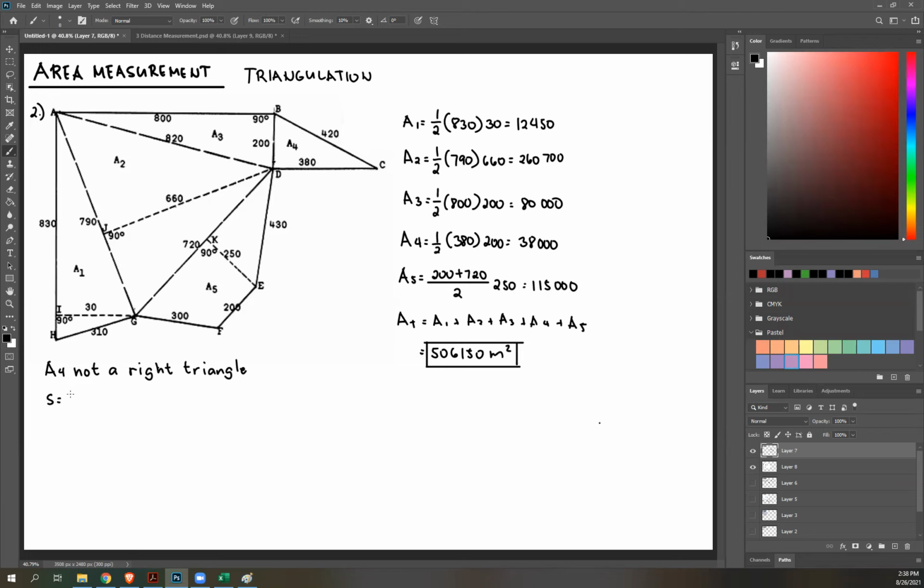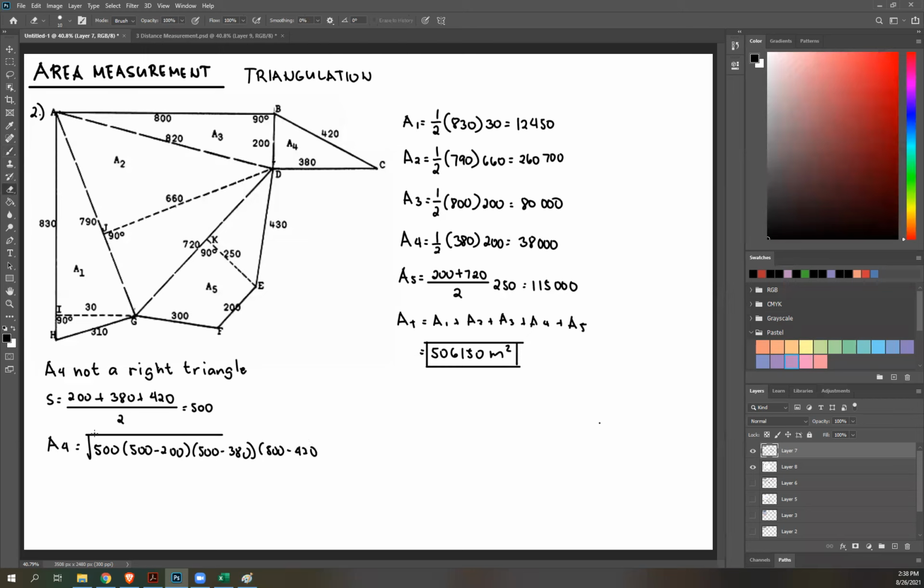And semi-perimeter is just all the sides, A plus B plus C, over 2. And I believe that's 500. Yeah, and then to get A4, that's the square root of S, which is 500, times S minus A, so 500 minus 200, times 500 minus 380, times 500 minus C, so 420.